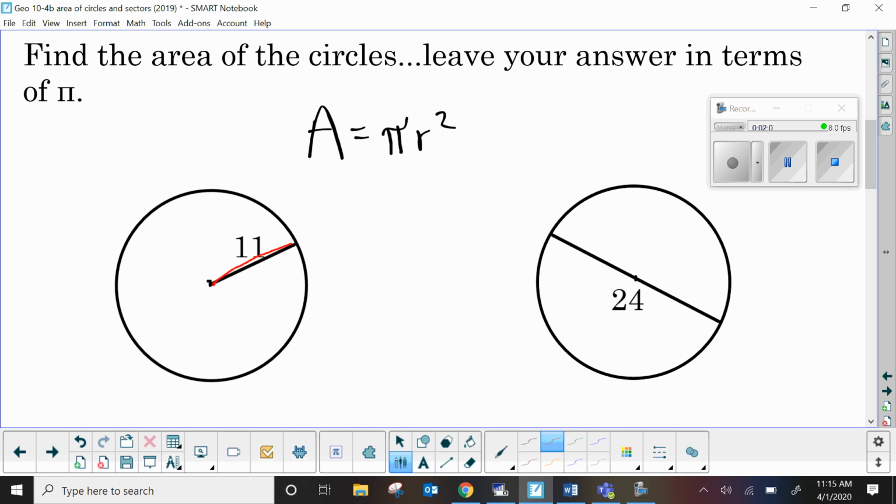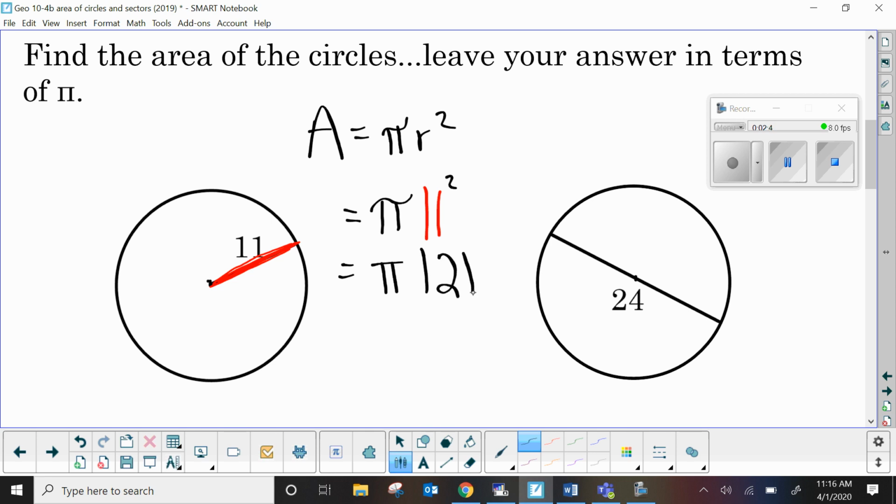In this example, my radius is 11. So I've got the area equals pi times 11 squared. Remember, with order of operations, we have to do the exponent first. So in the calculator I do 11 times 11 and get 121. So this becomes pi times 121.